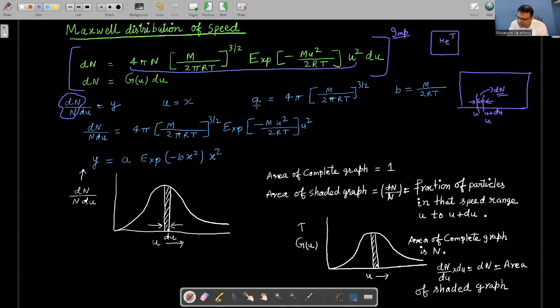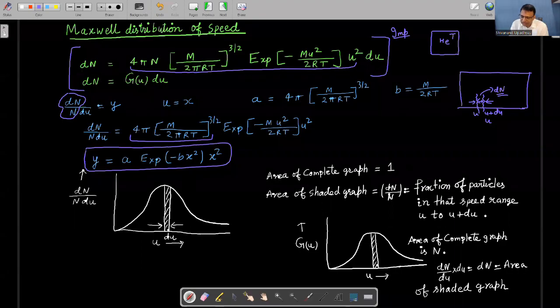So if I put these values in this equation, this whole equation can be simplified in this way. In place of dn upon n du, I am putting y. And in place of u, I am writing x. So this will be x square. m upon 2 RT will be b. And this whole thing will be a. So this is the equation.